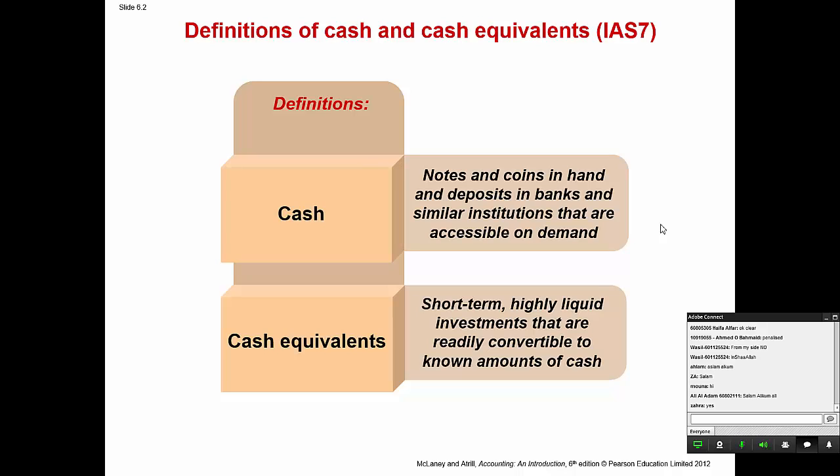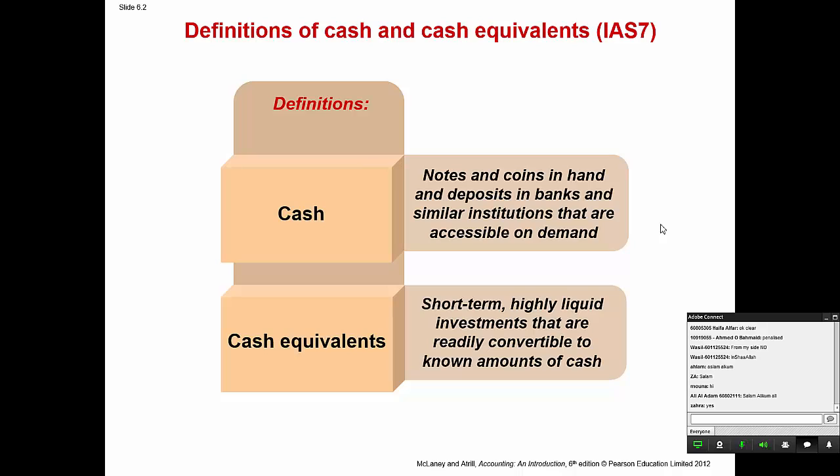The cash equivalents are the short-term, highly liquid investments, for example, the stocks or the bonds. Any short-term investment that we can liquidate, we can make it money in a fast way, quickly.